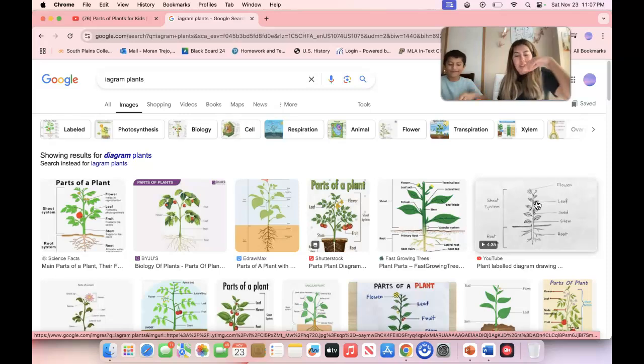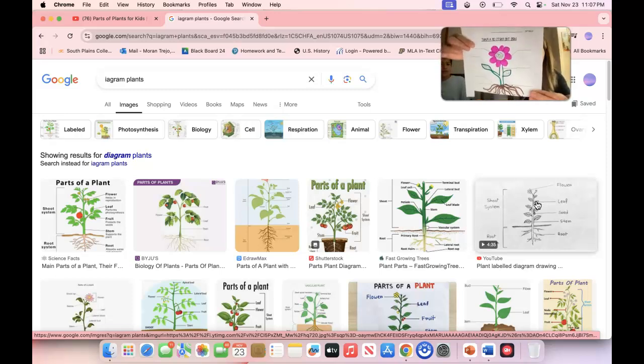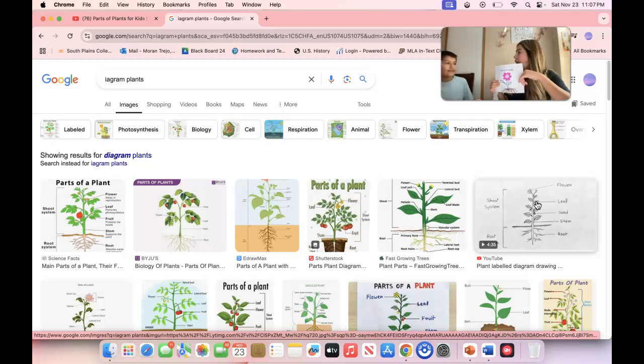Perfect. On your worksheet, like on mine, do you think you can label this? After watching the little PowerPoint and the little video? Do you think you can label this by yourself? Okay.